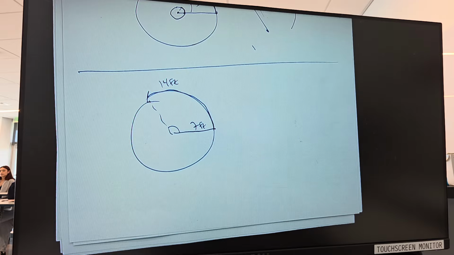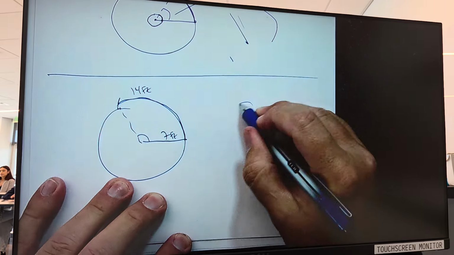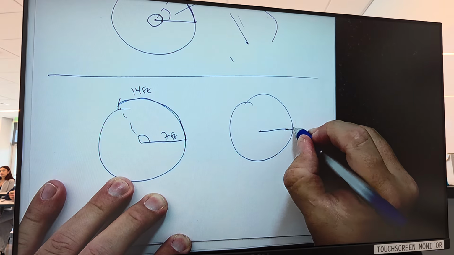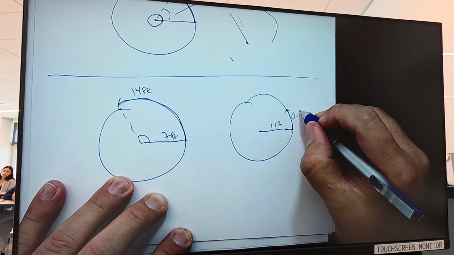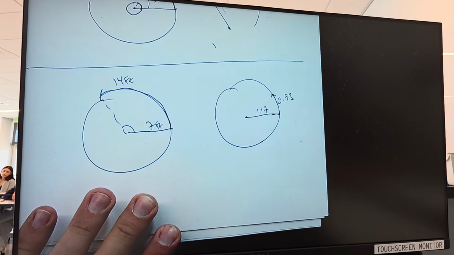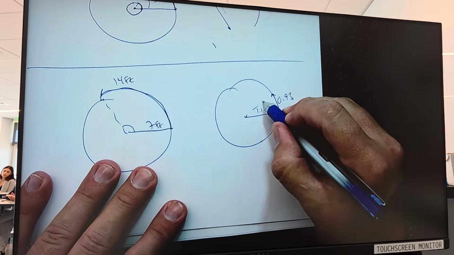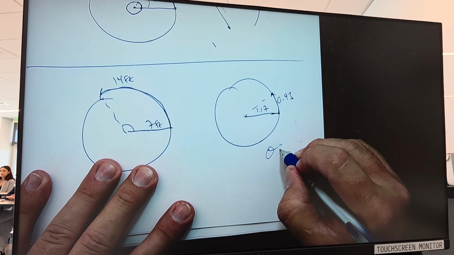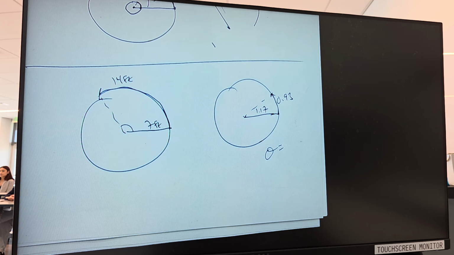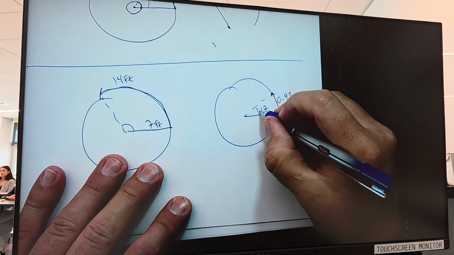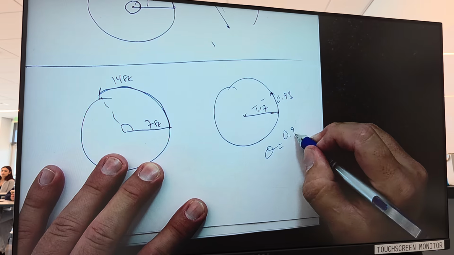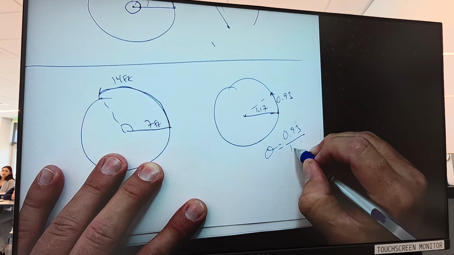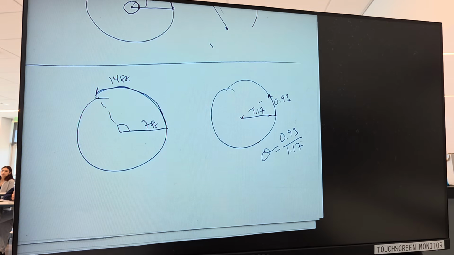Okay, so what if I had a circle whose radius was 1.17 and I go 0.93? What angle is this in radians? How'd you get it? 0.93, how far I went, divided by 1.17, how big each radius is, will tell me how many radii fit.